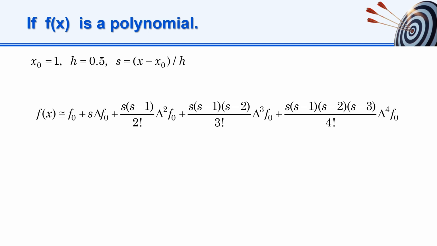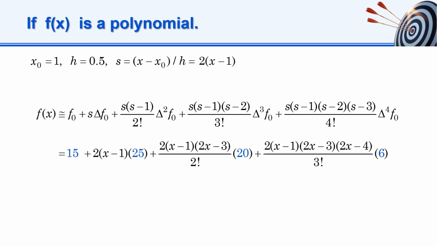Here, we use the forward interpolation formula with all available terms. We use x0 equal to 1 as the baseline and define the interpolation variable in general for any x. Substituting s into the interpolation formula, we obtain the following third-degree polynomial.